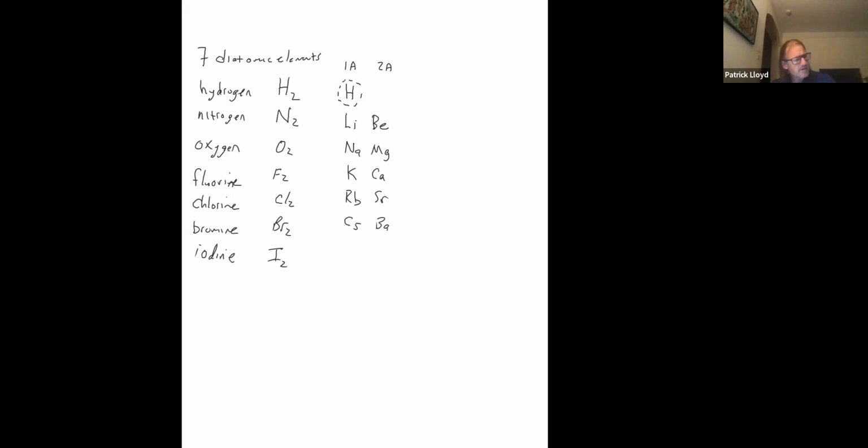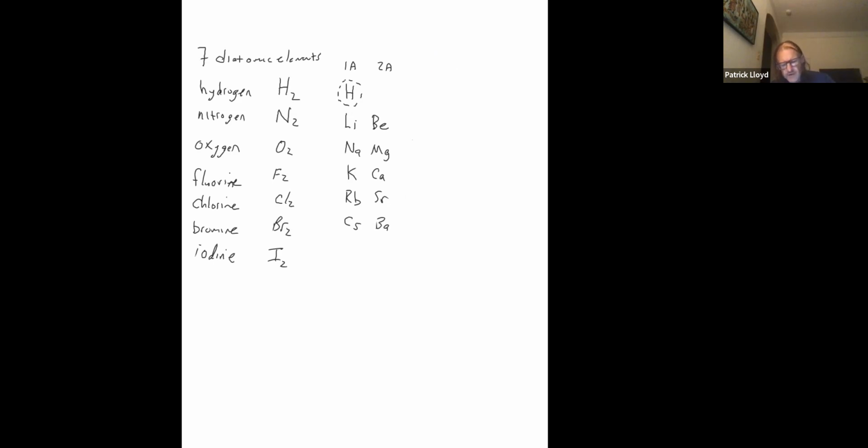Then you have the transition metals, which are group 3 through 10. And those ones, we're not going to worry about them at all. They start over here with scandium and so forth. But now we're going to come back over here. I'm running out of room. So let me get rid of the transition metals and just point out that we're going to ignore them.